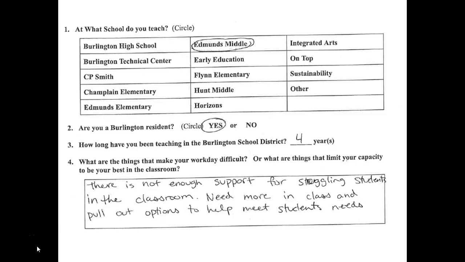As you know, last fall we had teacher surveys that basically lamented some of the concerns that teachers had meeting the needs of students. I encourage you to look at the number of years in the district and the schools that they represent. Obviously, these are a few slides of the 71 that have been provided.